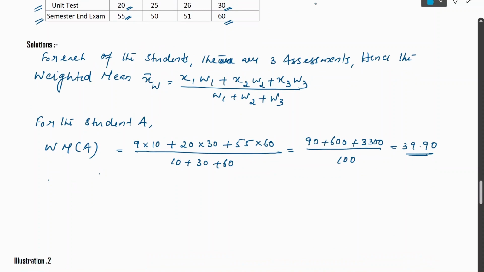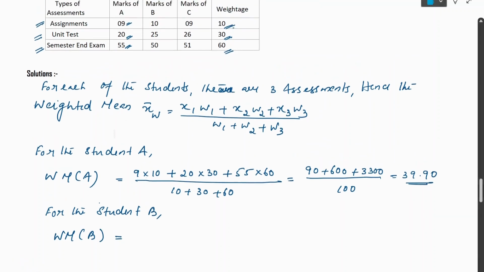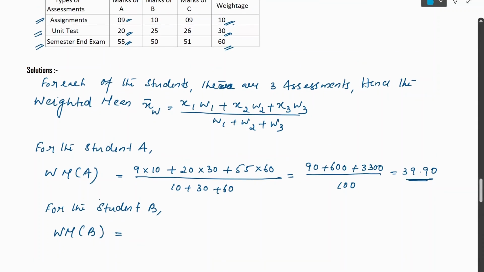Now next, for the student B, the same way, weighted mean of B, I have written separately to understand. Now, what is it? It's a question. Just see the question. What are the marks of B? 10, 25 and 50.